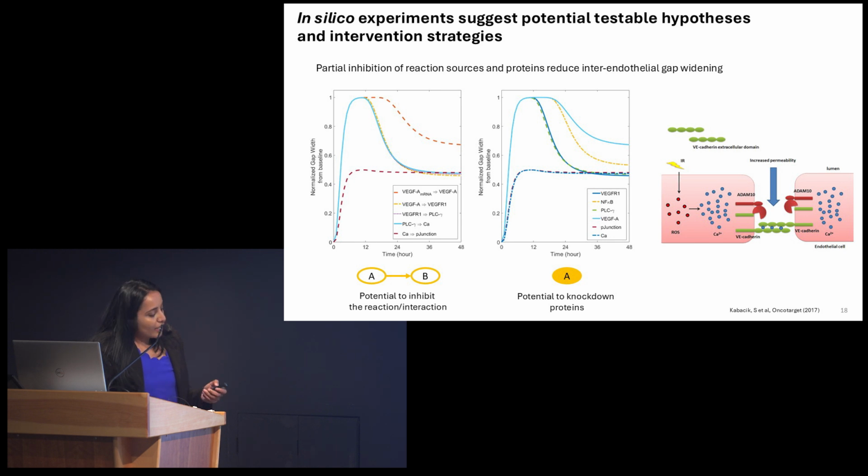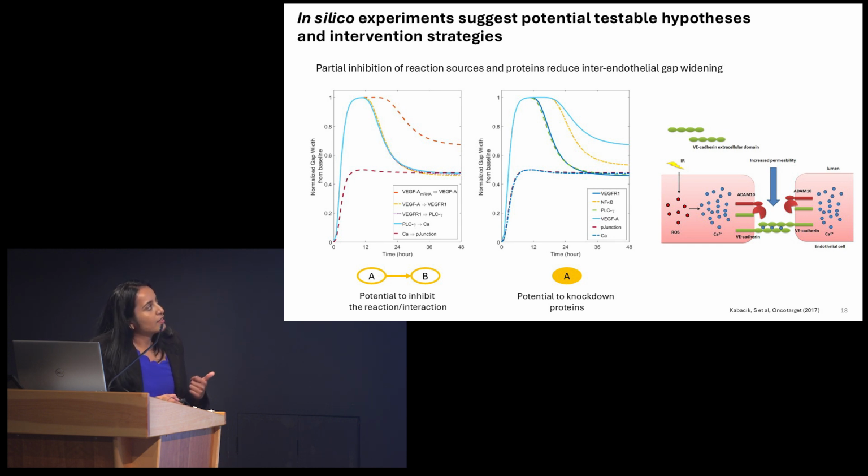We also checked how some of our most influential reaction pathways, as well as proteins, would be instrumental in reversing the increased gap width between endothelial cells. This is caused by the phosphorylation of different adherens junctions.